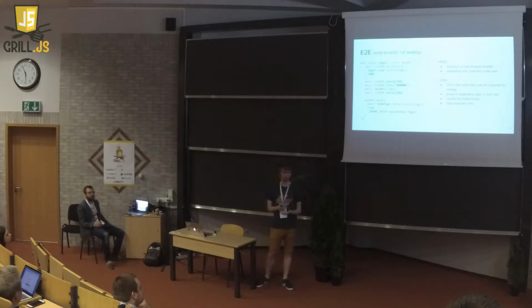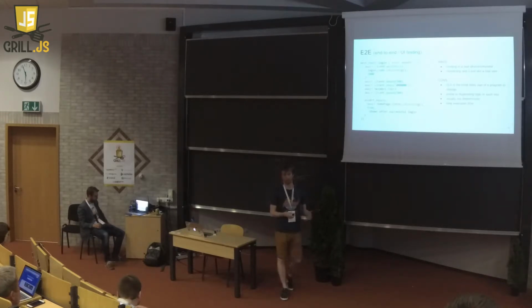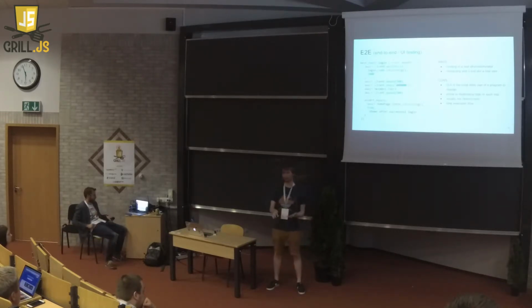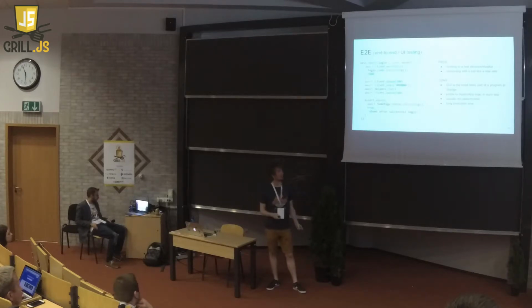So what are the pros and cons of it? First of all, the huge advantage is that we are testing it from the perspective of the user. So if it's working there, we have a high probability that it's working. We are not checking specifics, we are checking it as a whole. And as I said, the end-to-end test interacts with the application through either a simulator or a real device.